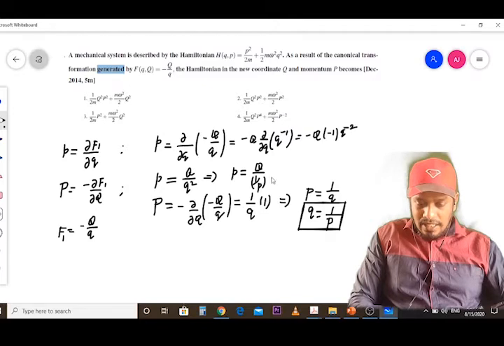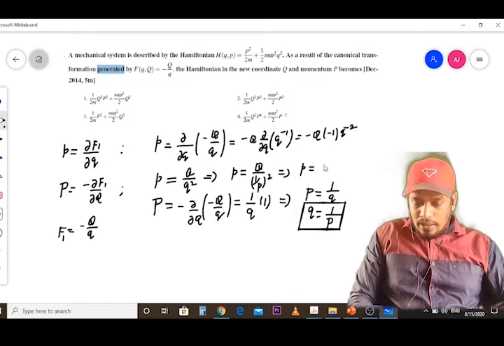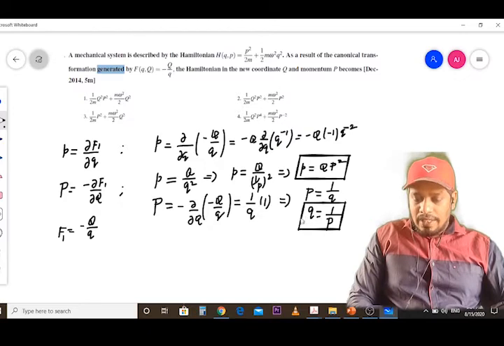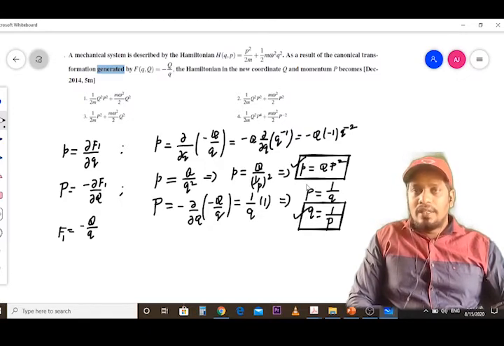Rearranging, the small p is equal to capital Q times capital P whole square.